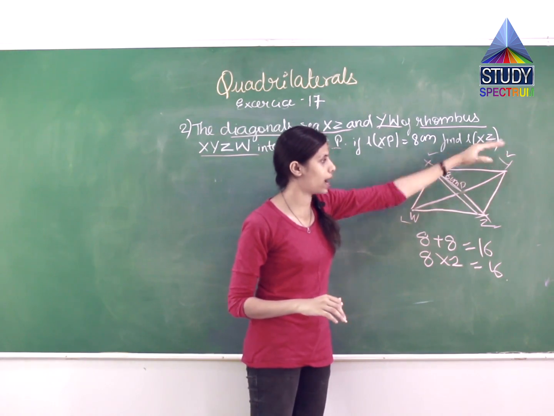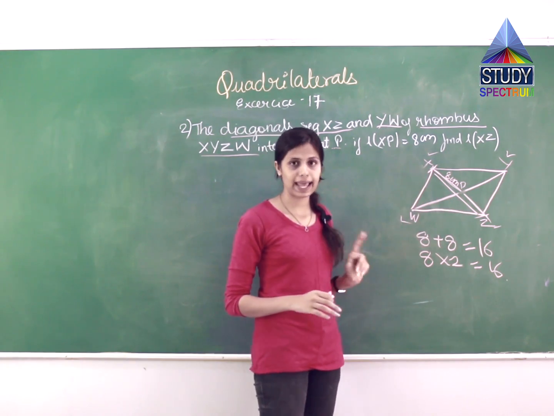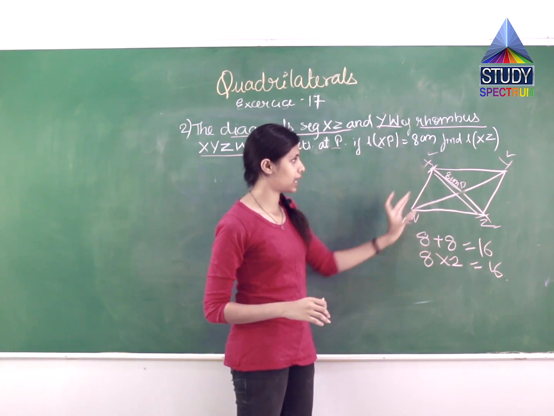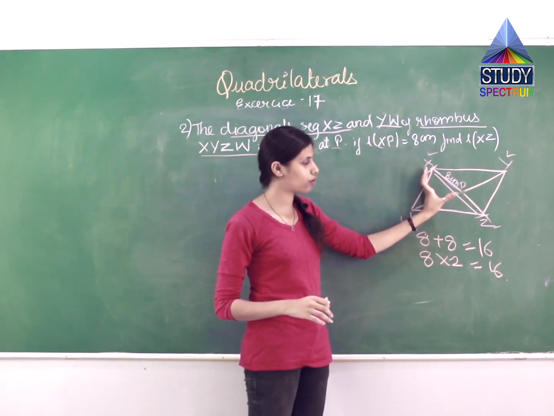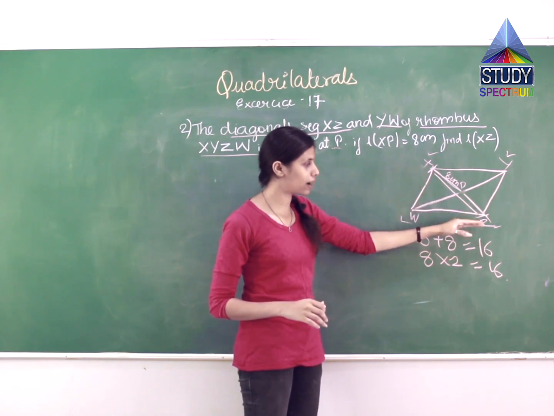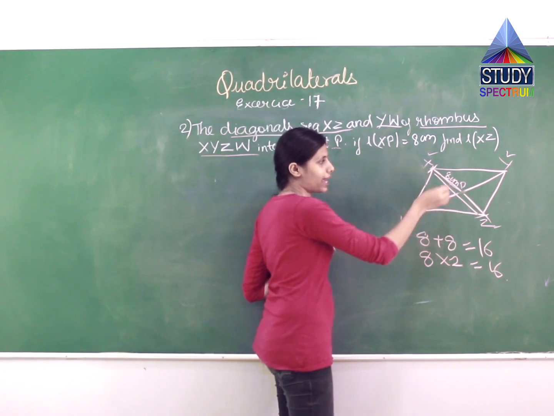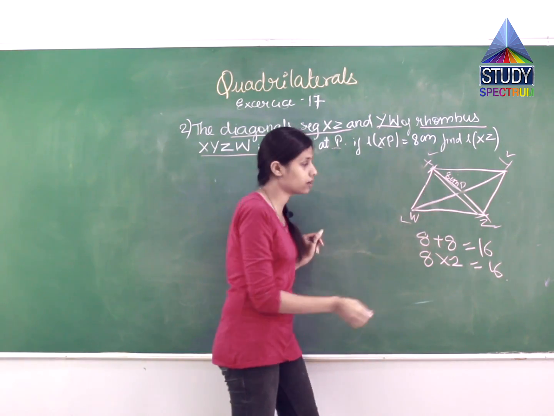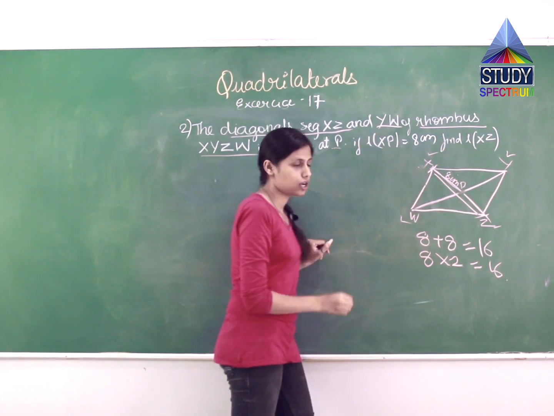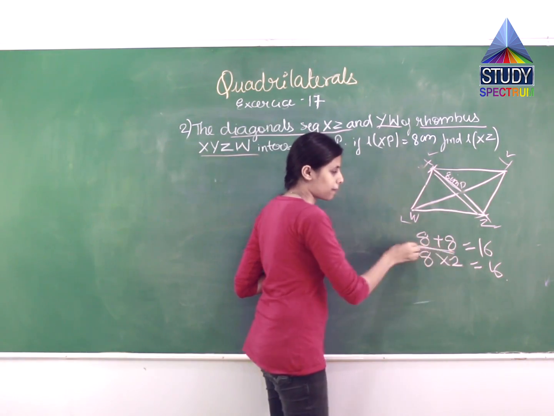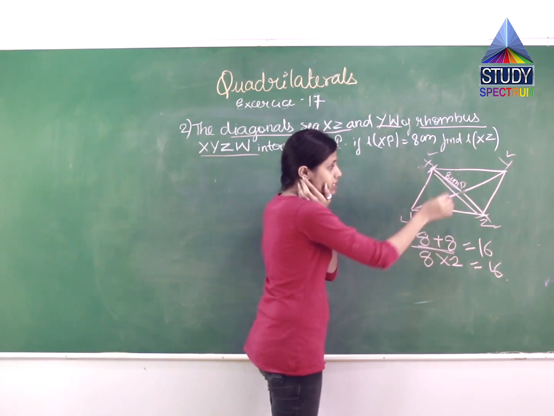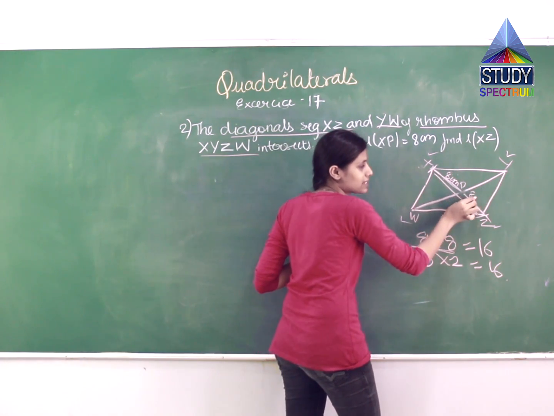So if they are asking you XZ, you have to try to find XZ. First you have to say that XP is the half part of XZ. So half part of XZ means what? It will be half of XZ. So if half of XZ is 8 centimeter, what will be the full part? By adding this 2 times, if this is 8 centimeter, this is also 8 centimeter.